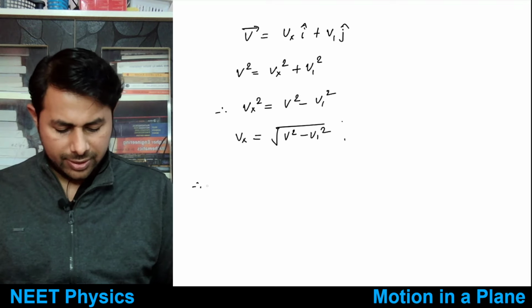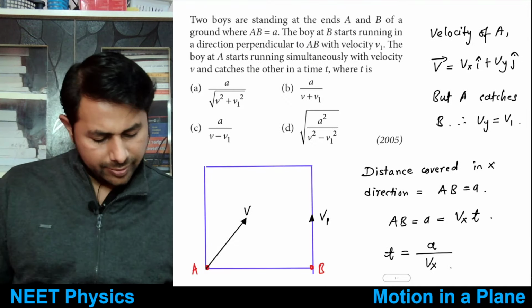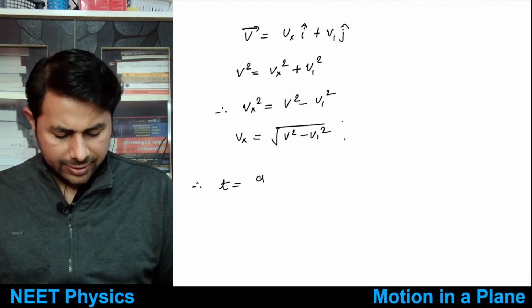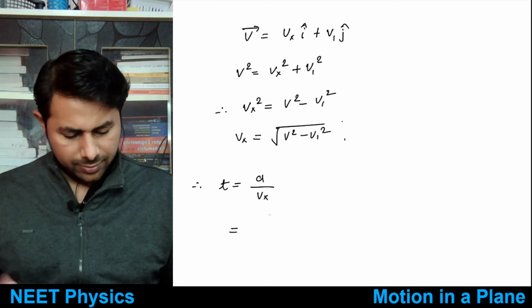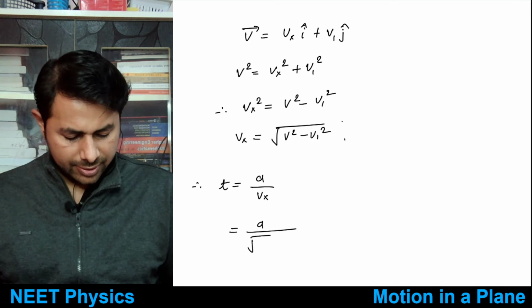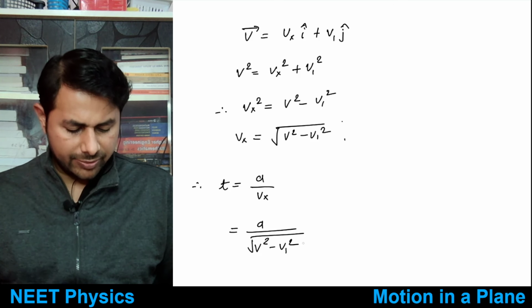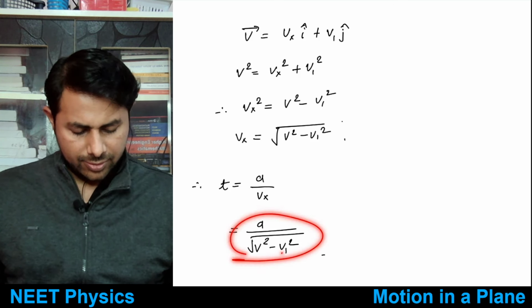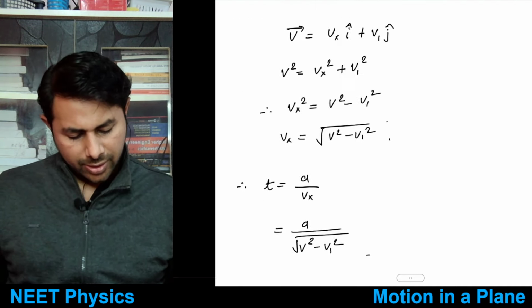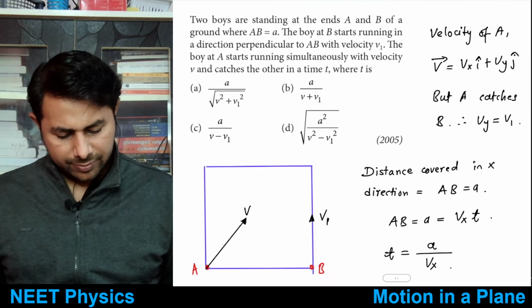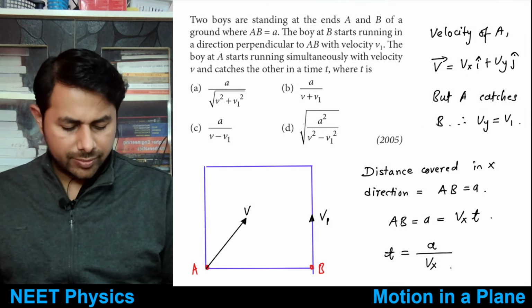Therefore the time is a upon Vx, that's equal to a divided by the square root of v square minus v1 square. This is the answer, or if you put everything in root, then it will be option D.